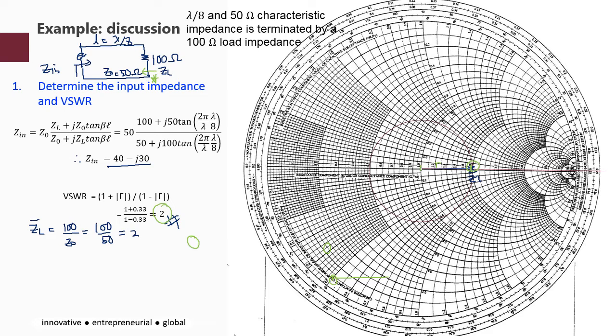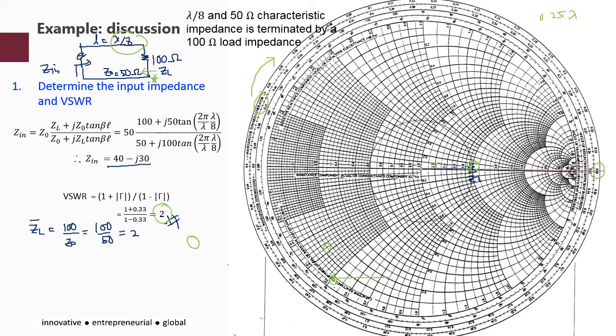Look at the axis towards the generator, so you will be looking in a clockwise direction. The current reading on the outer axis is 0.25 lambda, and the length is lambda over 8.